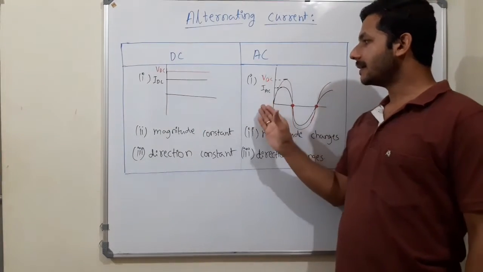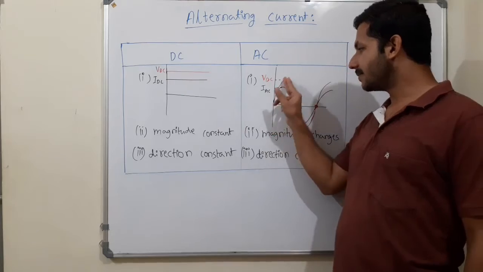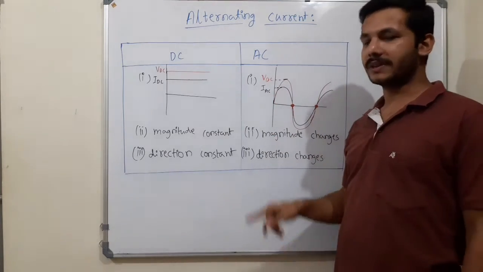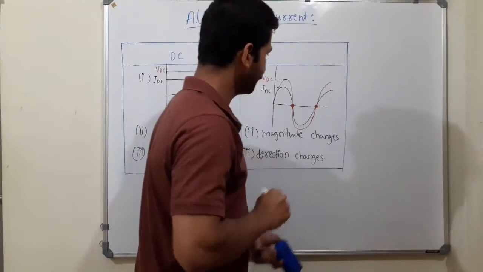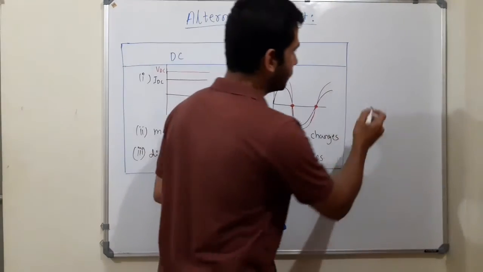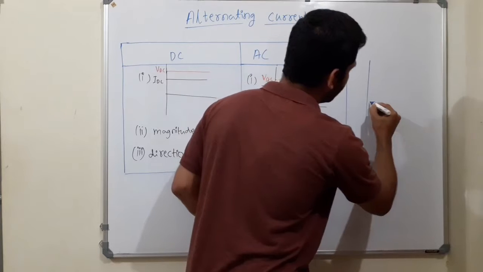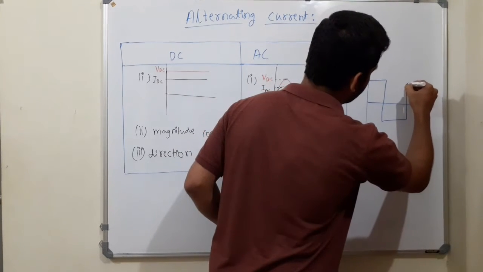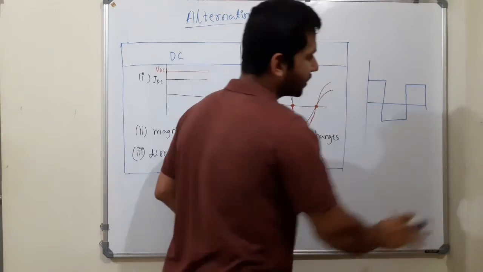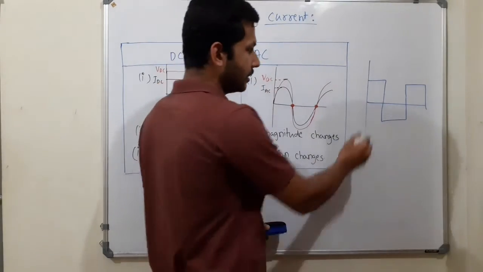And alternating current can be shown either with a wave-like graph or with a square shape. I will draw one rough figure. If you draw a line here, like this also you can show the alternating current.